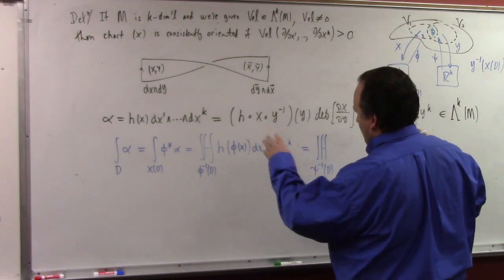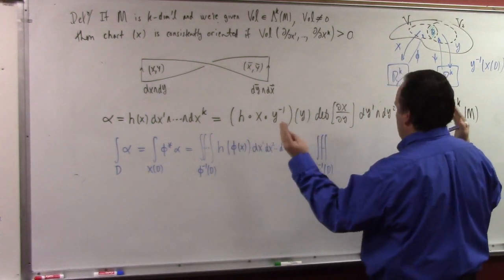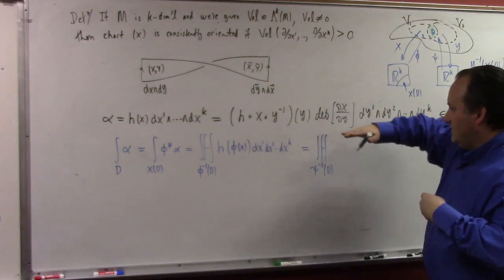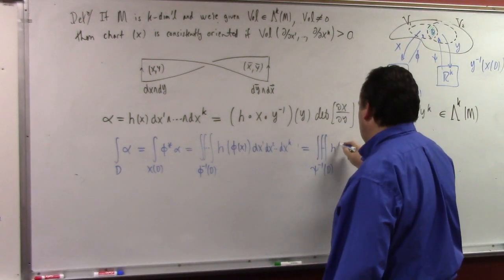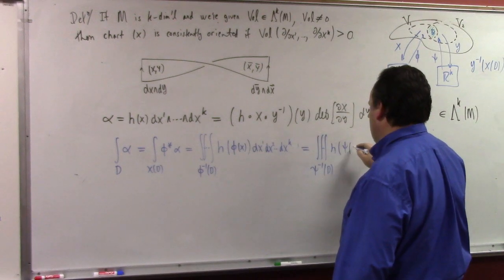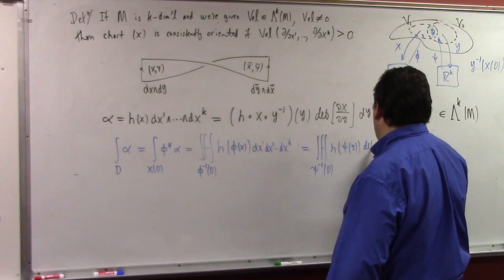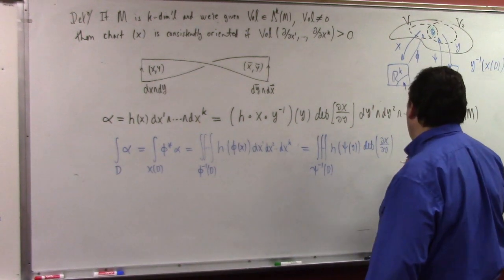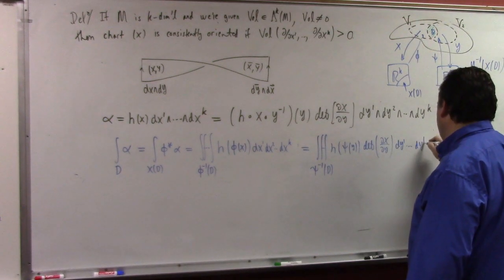So when I write my k-form in the y coordinate chart, like this, then by definition the integral of this is literally h of, I think psi, it works out to psi of y, the determinant of this guy, and then you got your dy1 through dyk.